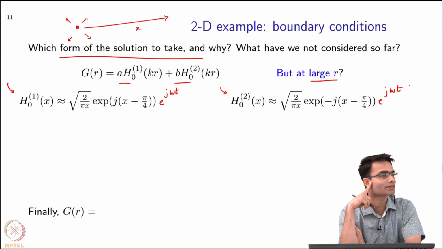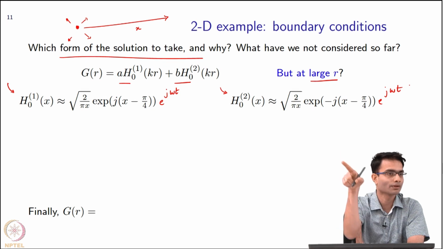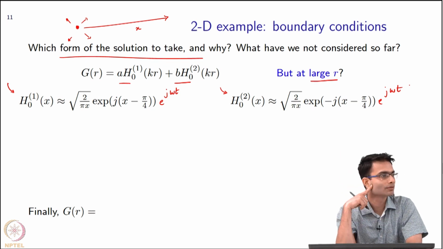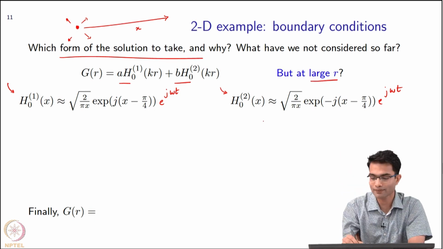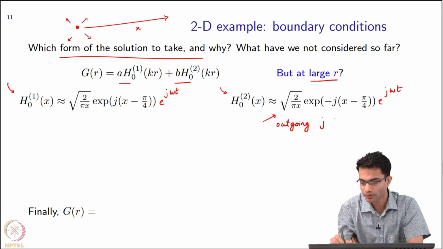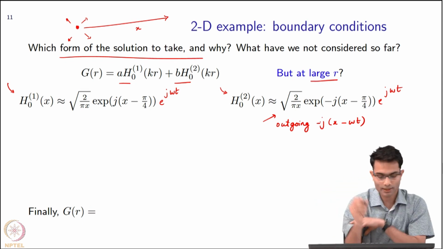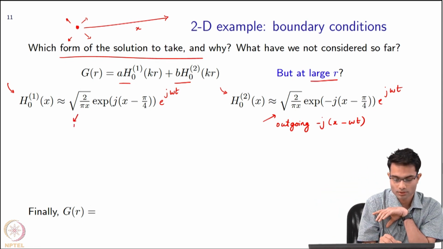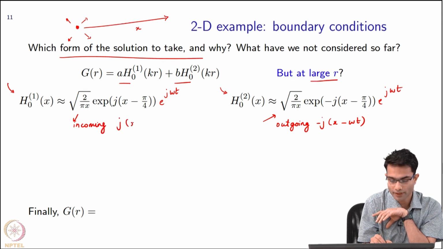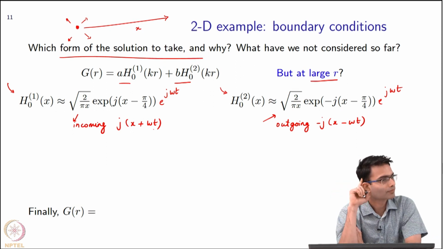Wave is going in which direction? It is going outward. Are both waves outward? Only the second wave corresponds to an outgoing wave, because it is a j of x minus omega t, right? And this, on the other hand, is an incoming wave, because it is a j of x plus omega t, right.